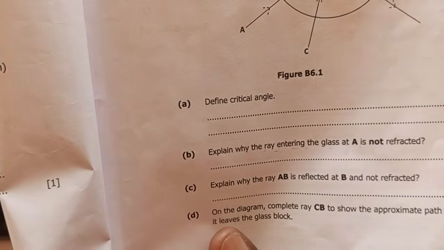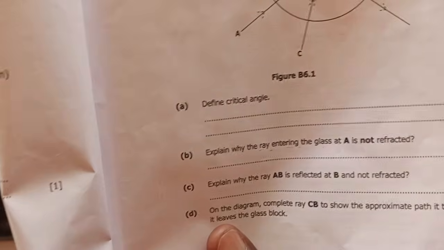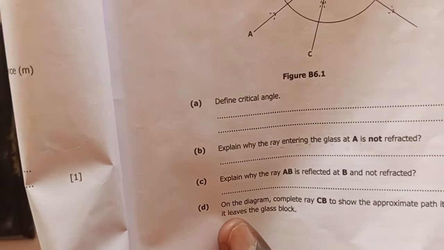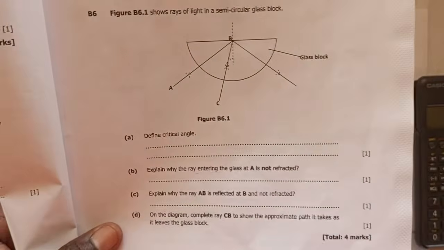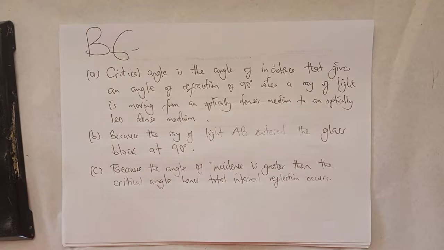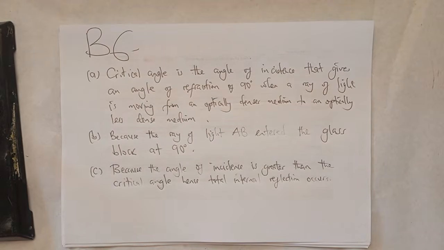Exactly what we were explaining: because the angle of incidence is greater than the critical angle, and hence total internal reflection occurs. Those are some of the reasons. So these are the answers to that question.